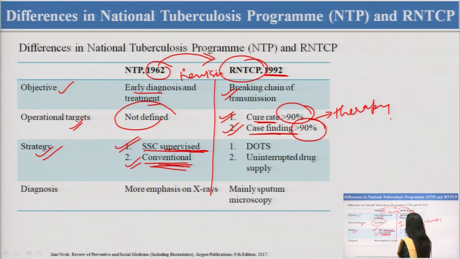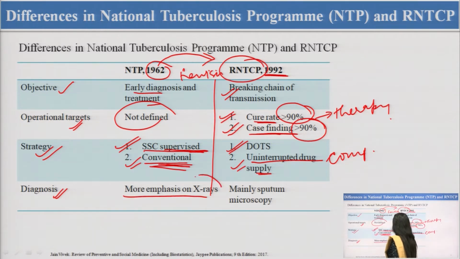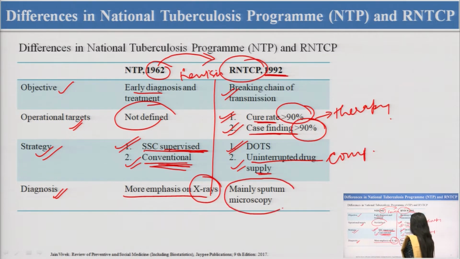In the RNTCP, we used DOTS therapy, directly observed therapy, and uninterrupted drug supply, so that we can maintain compliance. After that, diagnosis. More emphasis was given to X-rays in the NTP, whereas sputum analysis was done in the RNTCP. This is the basic difference here.